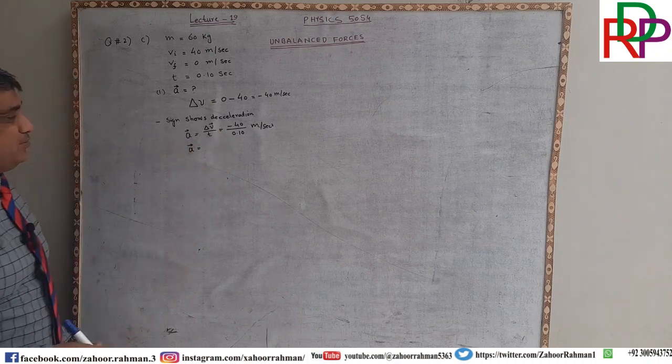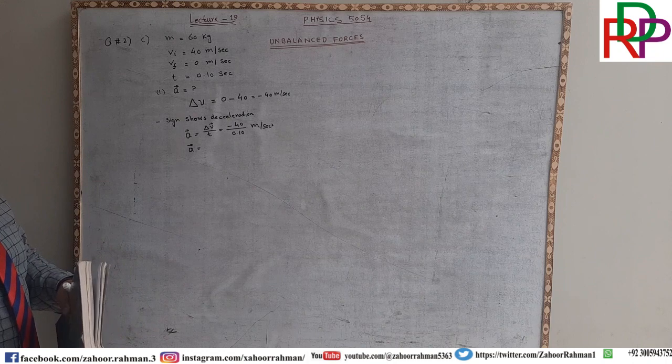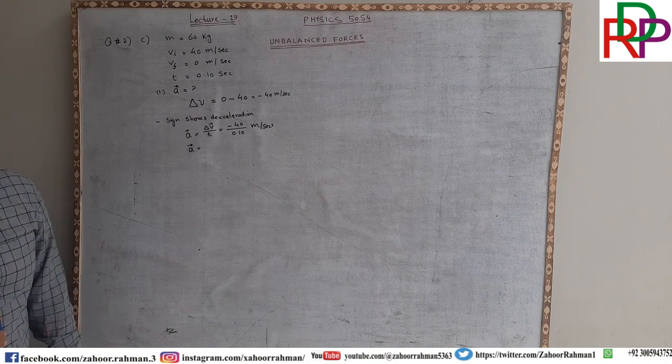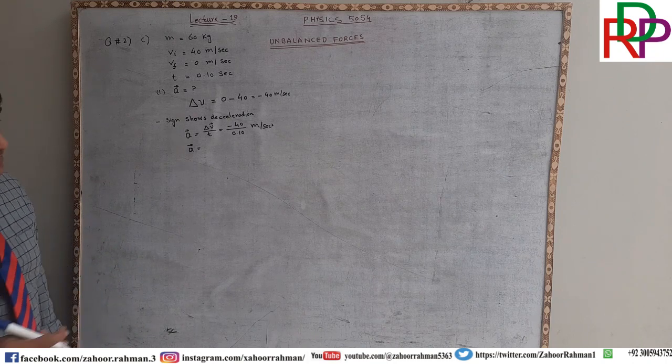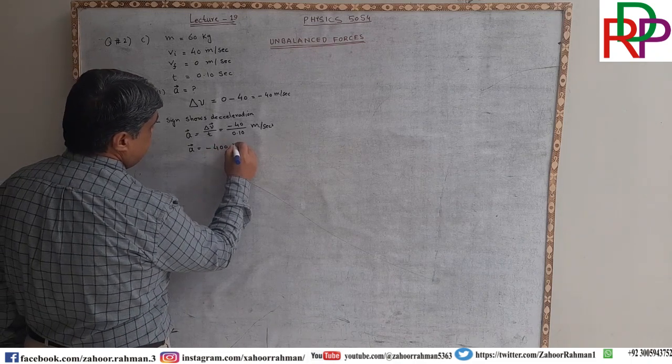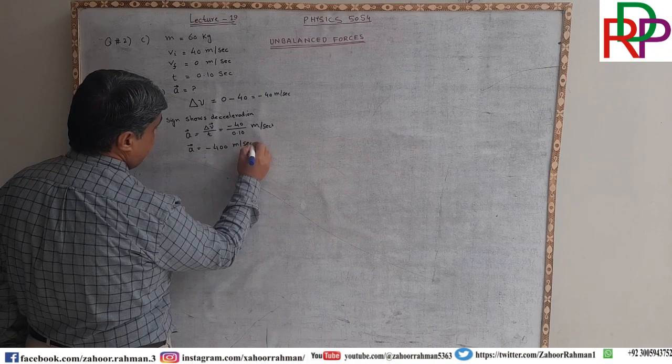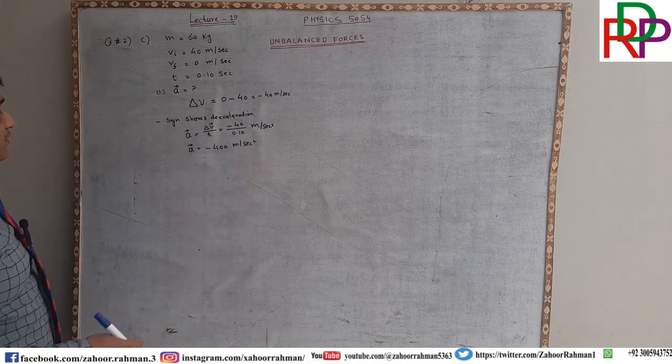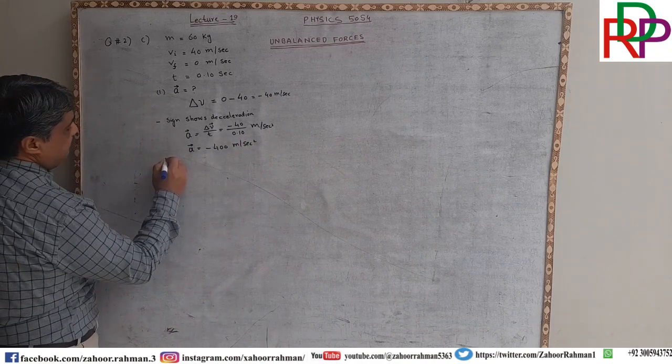So when we calculate it by the calculator, the answer will be minus 400 meter per second square. And that was the answer of part number 1.